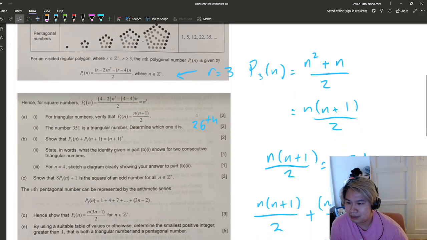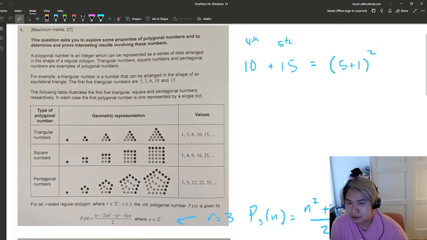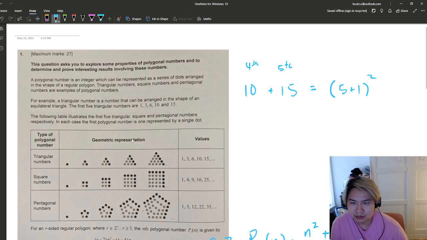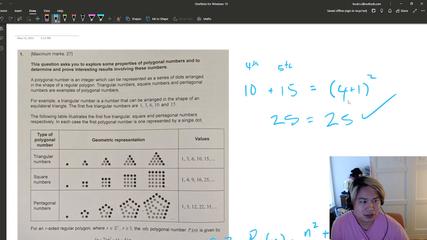Did I mess this up? Because on this side, I have 25, and then on this side, oh, whoops, n is 4. Ah, there you go.